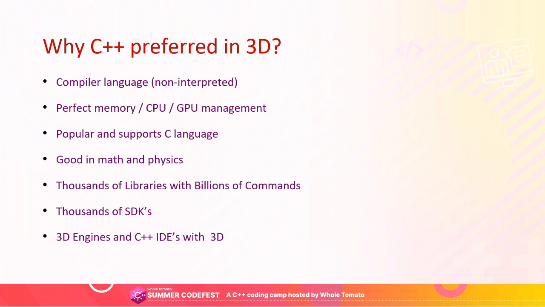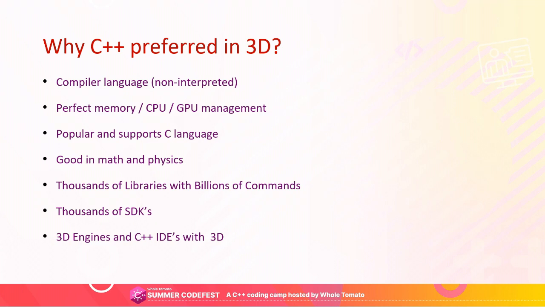The C language is also very popular. I don't know why they separated C and C++, but together they are really amazing, and they are both good in math and physics. Thousands of libraries with billions of comments are accessible in the world, so you can find many examples and libraries.